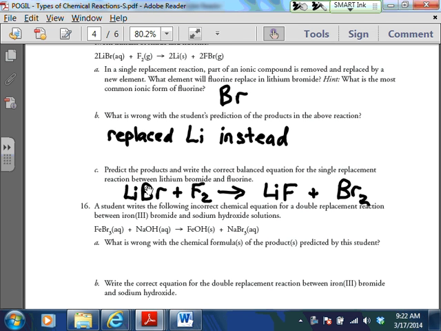Anyway, then we have to balance this equation, right? So how would we balance it? 2 in front of the, which one? Which side? Left side, okay. That'll balance the bromines, right? And then a 2 in front of the LiF over here. Okay, that looks a little bit better.